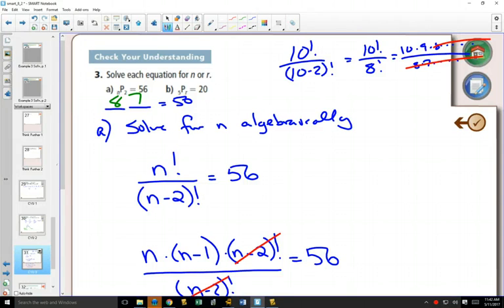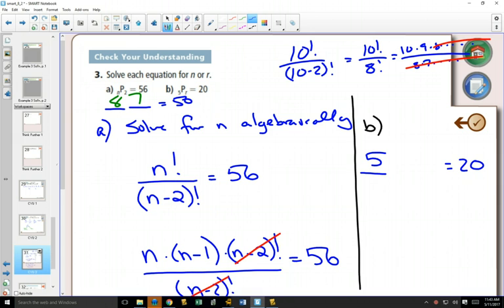Now part B is one where it wouldn't be an algebraic solution that they would be looking for. So in that case, you have 5Pr equals 20. So you need something to equal 20, and the r is the number of spaces. If I had one space, is that enough? No. 5 is not equal to 20.